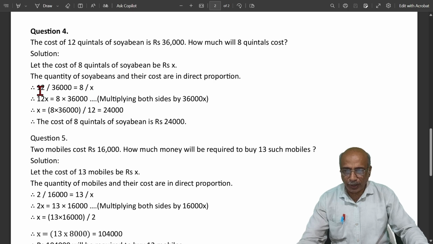Cross multiply again, you will get 12 into x equals 8 into 36,000. Simplify it, x equals 8 into 36,000 divided by 12. 12 ones are 12, 3,000s are 3,000, 3,000 into 8 is 24,000. 24,000 is the answer. The cost of 8 quintals of soybean is rupees 24,000.